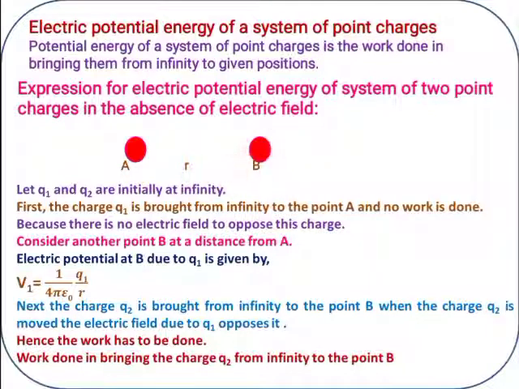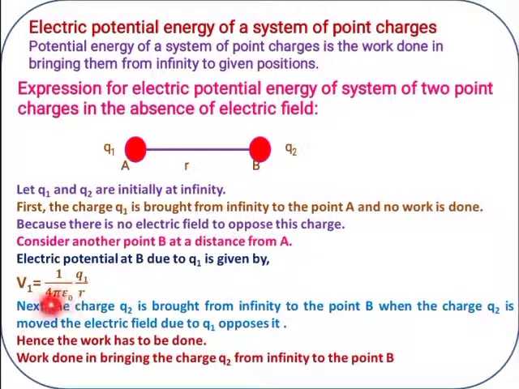The distance between A and B is R, and these are two charges denoted by Q1 and Q2. Now the electric potential formula: V is equal to 1 by 4 pi epsilon naught Q1 divided by R. We already discussed the electric potential formula in the previous videos. V is equal to 1 by 4 pi epsilon naught Q by R; this is a general expression.